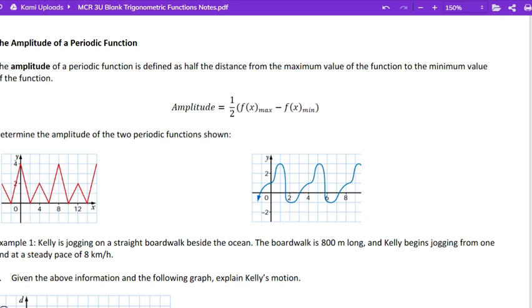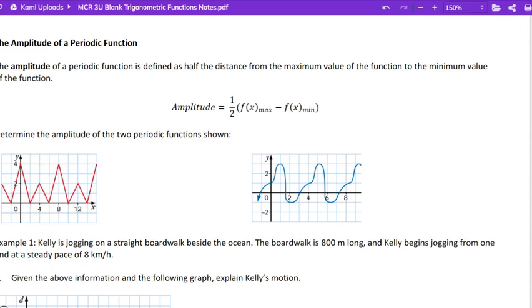So amplitude is like the height of a function, but it's not from the bottom to the top. Okay, it is from the resting position of the function. If I'm talking about a rope that's swinging, I'm talking about how high the function goes from the rope.